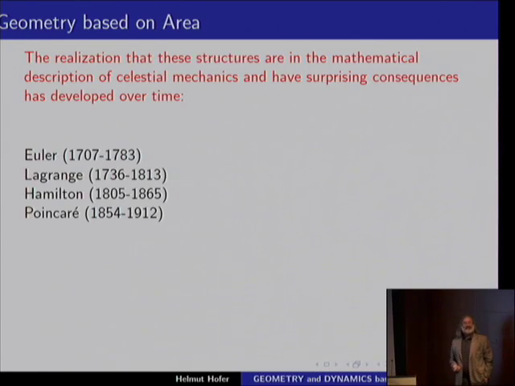Now, that something of this kind is in the background of describing the motions of the planets or of a satellite is not obvious. You don't look into the stars and see this. So it took quite some time that this viewpoint developed.